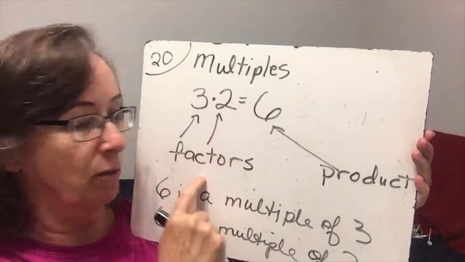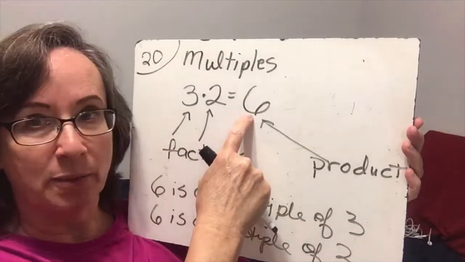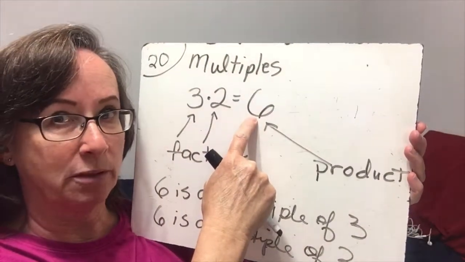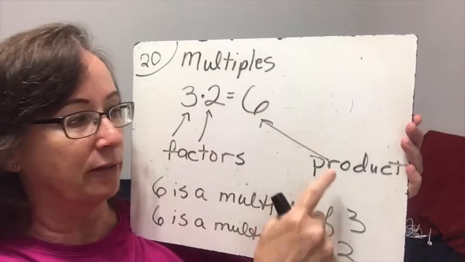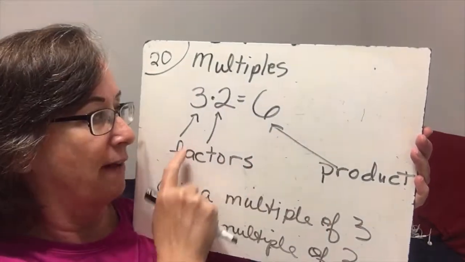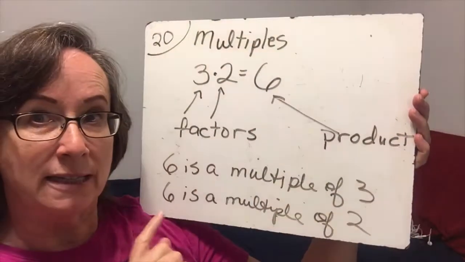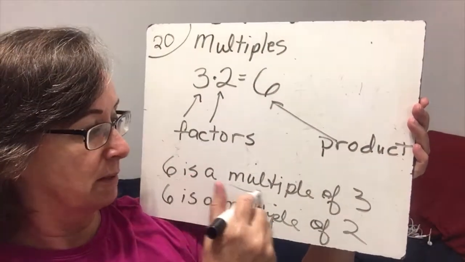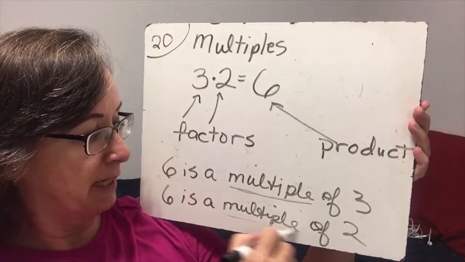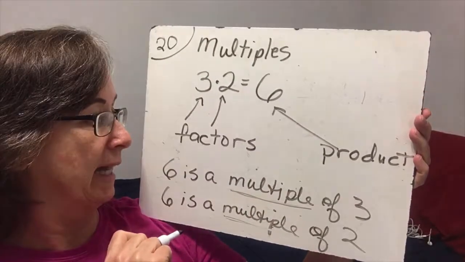So 3 and 2 are the factors, and the number that is the result when we multiply two numbers together is called the product. So factor, factor, product. And we are today studying the word multiple, which you've seen before, but we're working on it again.